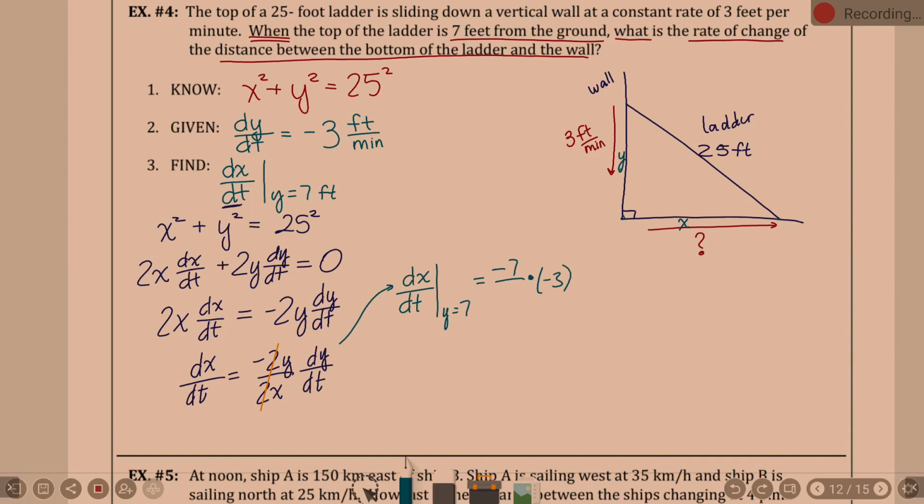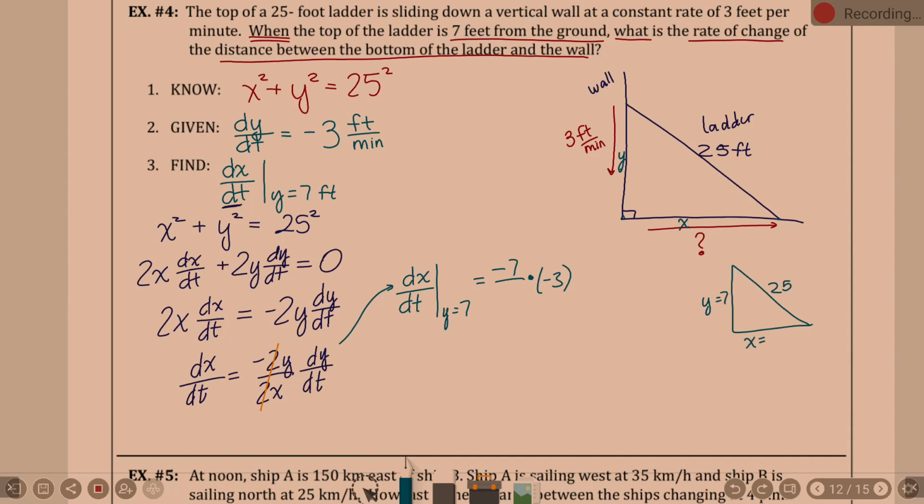What is x? X is 25? 20? No, you do a squared plus b squared equals c squared. If this is 25 and y is 7, I have no idea what x is. You have to find it.